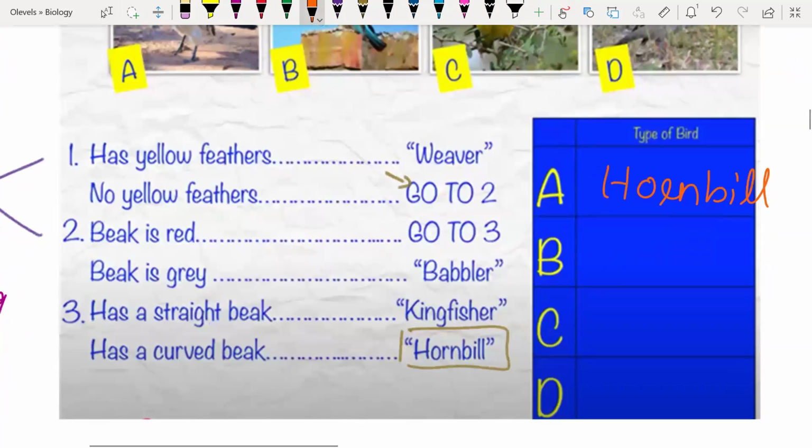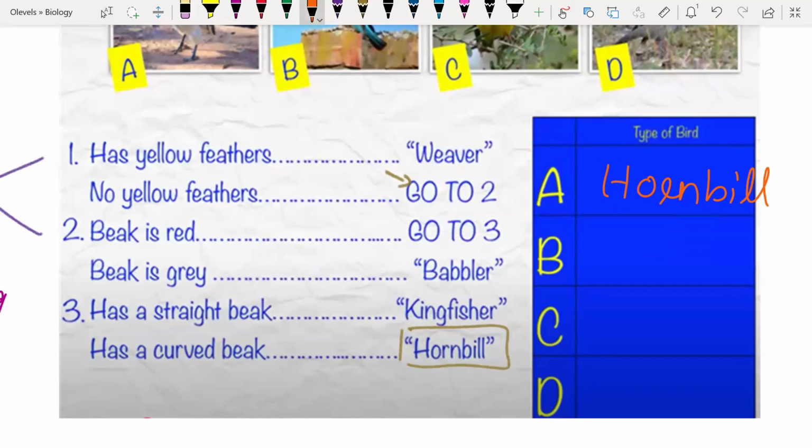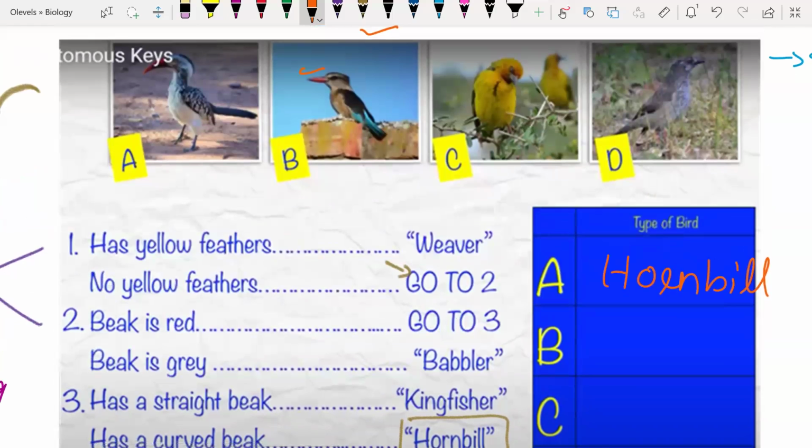If it has a red beak, then I have to go towards three. Three says that if it has a straight beak, then it's a kingfisher, and if it has a curved beak, that is a hornbill. But in this case, its beak is not curved, it's a straight beak. And with a straight beak, we can say that it's a kingfisher.